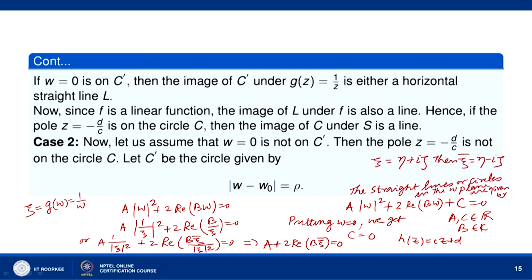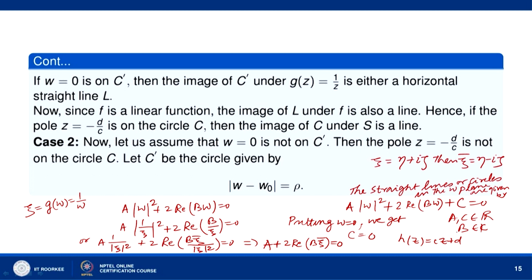So, if w equal to 0 is not on C dash, then since w equal to 0 corresponds to z equal to minus d by c, which we know is the pole of the bilinear transformation, the pole z equal to minus d by c is not on the circle C.